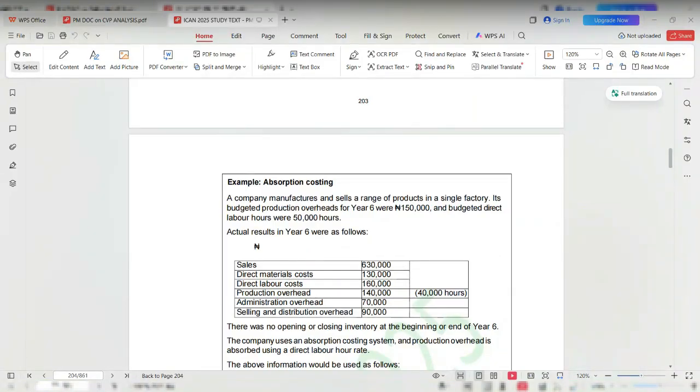Then overhead. Based on what we budgeted, that is 120,000 overhead. So if we add the three together, 130 plus 160 plus 120, that is 410,000.